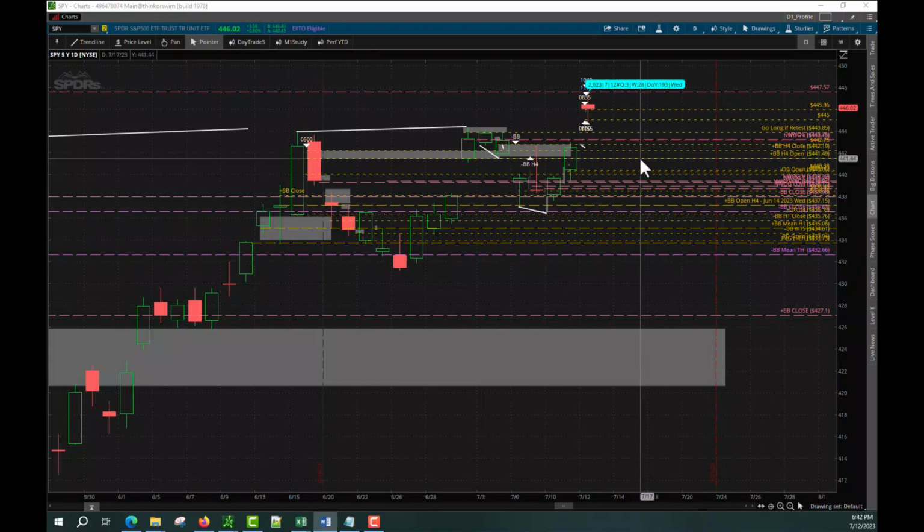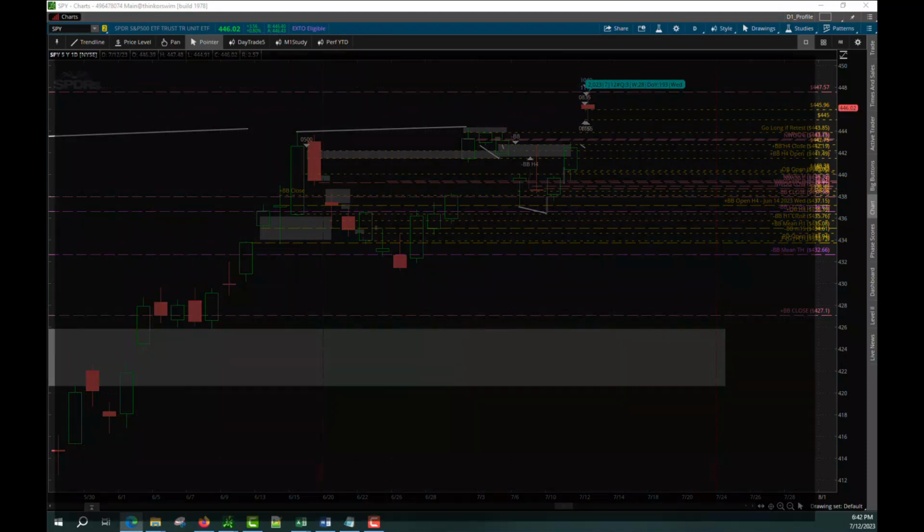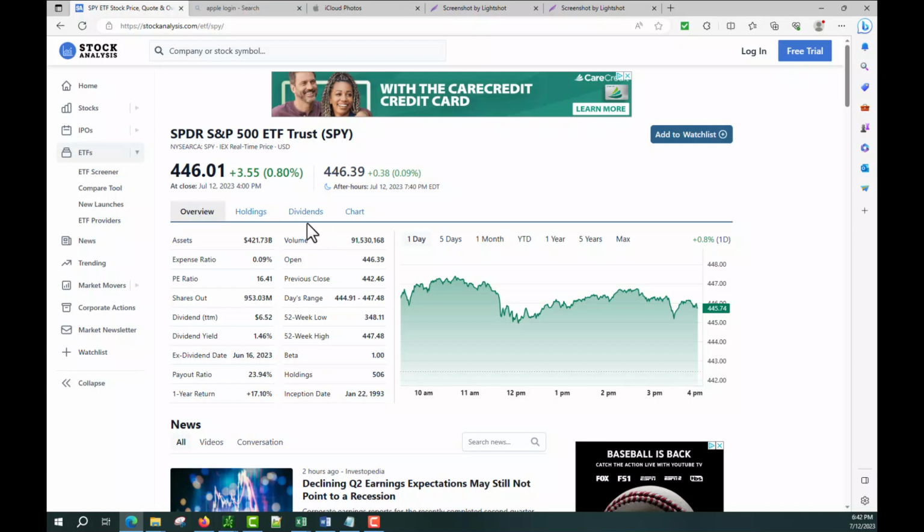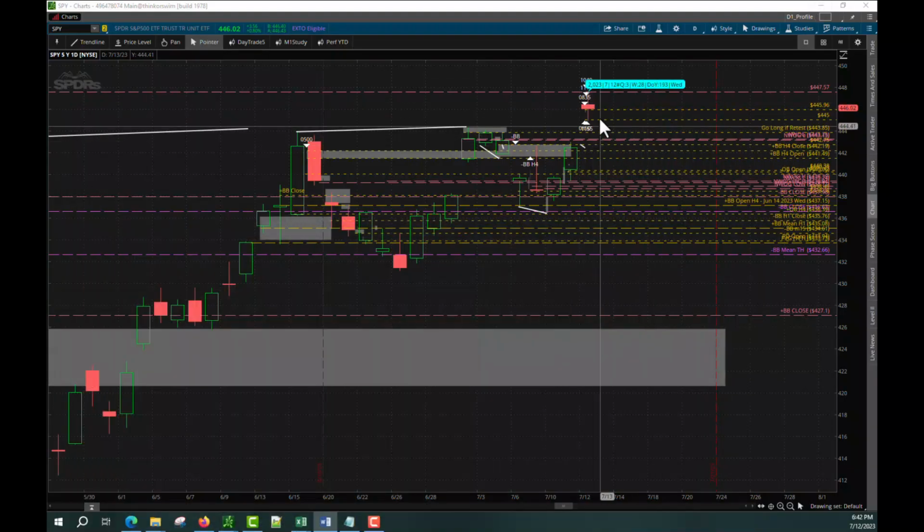So I don't know, there's a gap right here. The funny thing is that today, if you look at the performance, it's an 80% move of $3.55 up. However, the candle is a down close because it's based on the 9:30 open.